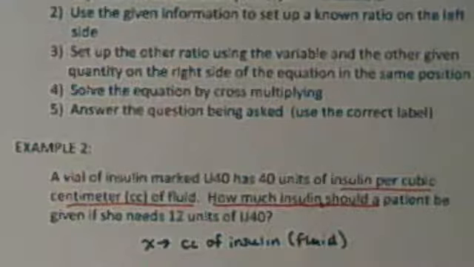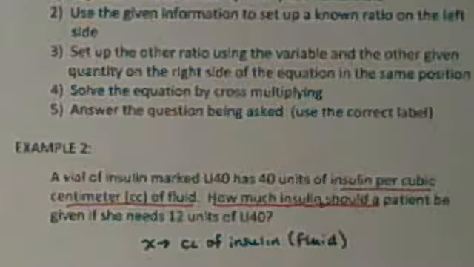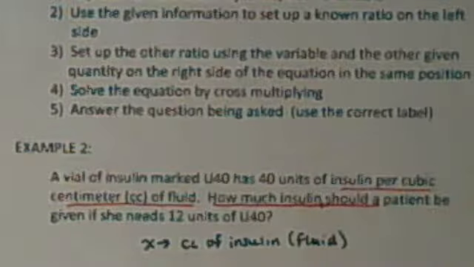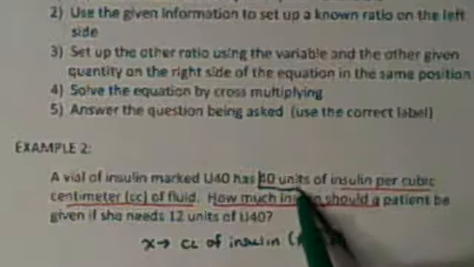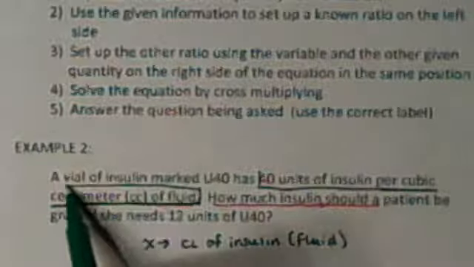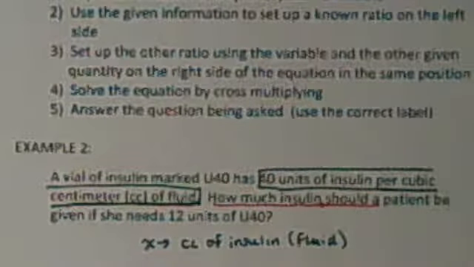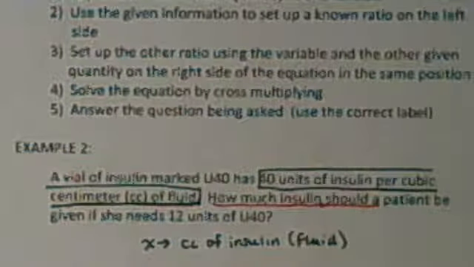Now let's look back and see what information is given. I know I have 40 units of insulin per cubic centimeter of fluid. If I look at this information right here, and it does happen to go across two lines, that's giving me my known ratio.